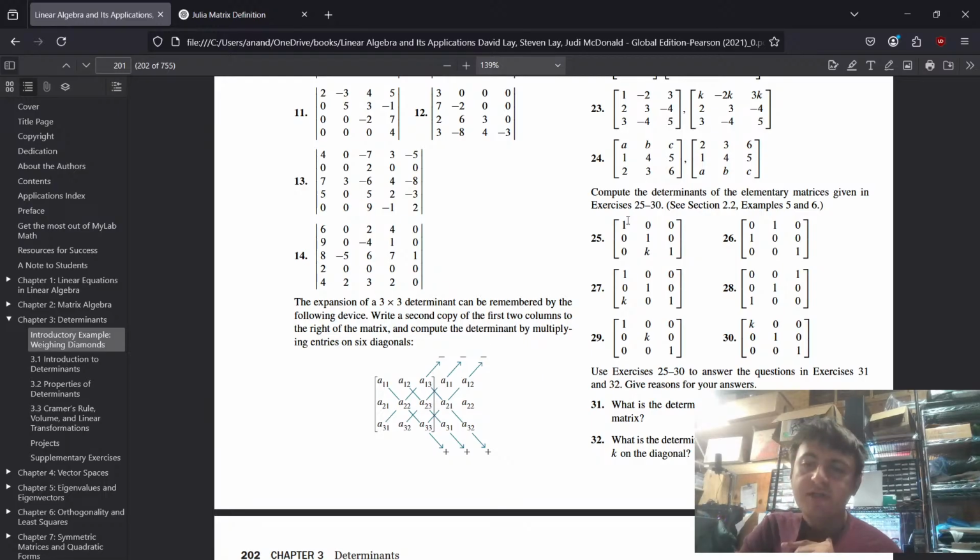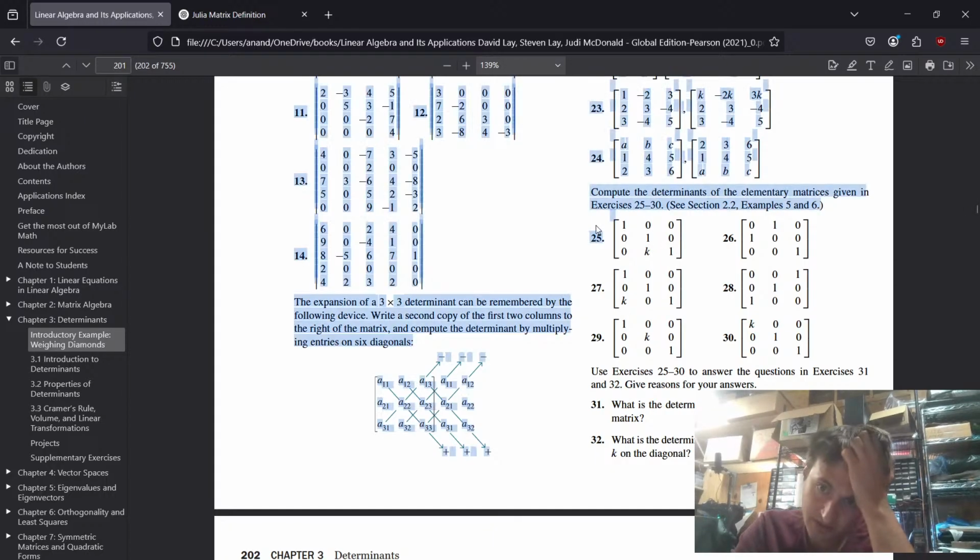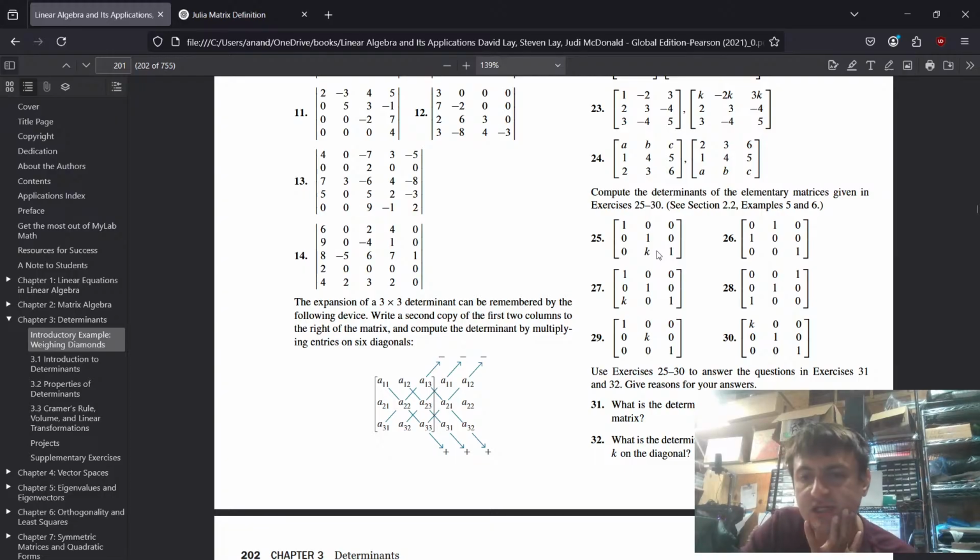I think that's true, but if you multiply this by ABC, you're going to get A times this first column, B times this second column. So this one, the determinant is 1, because you're going to get 1 times 1 minus k times 0.